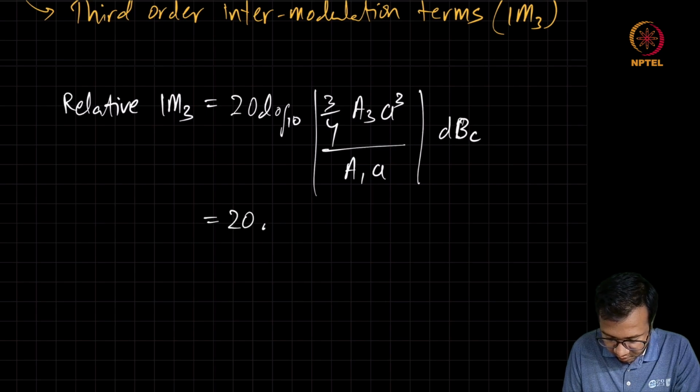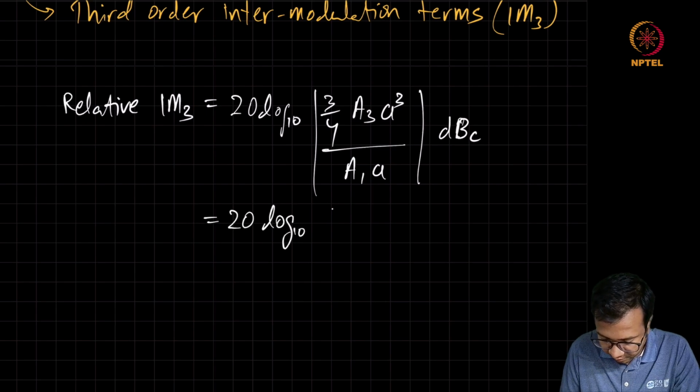This is 20 log of 3 by 4 A3 by A1 times A squared.